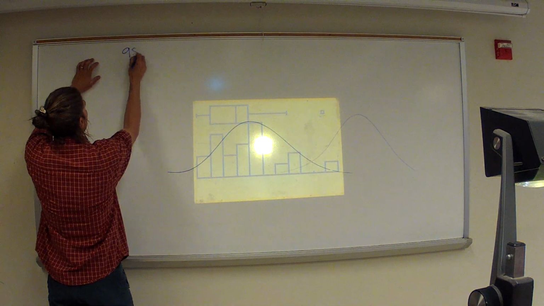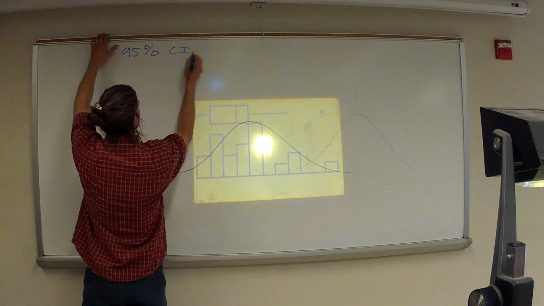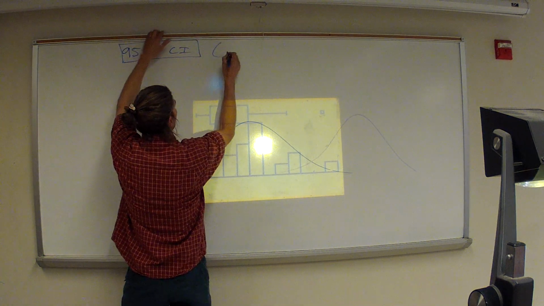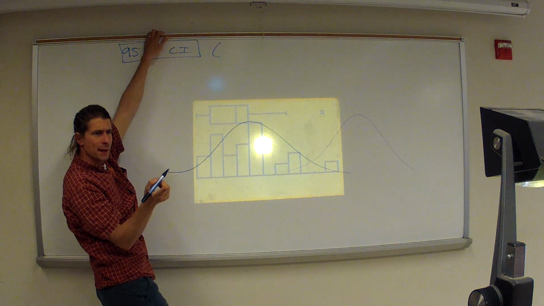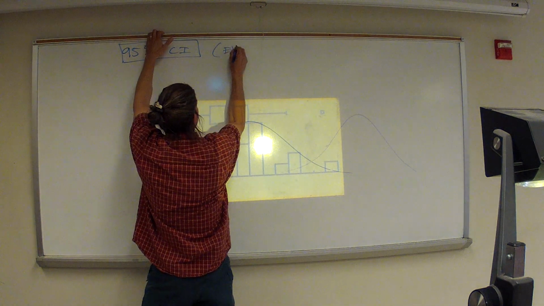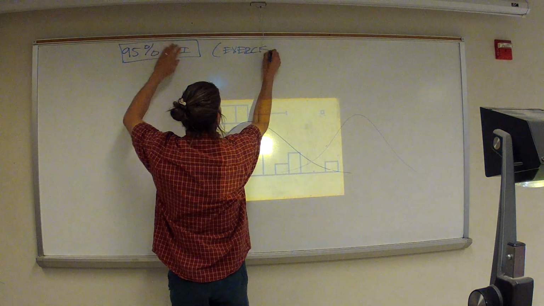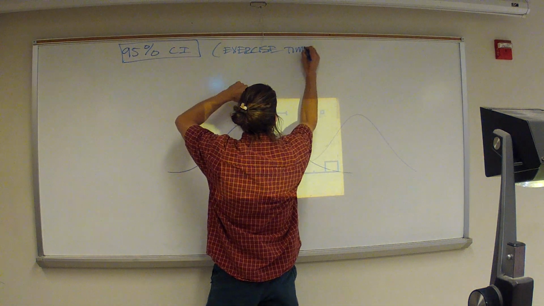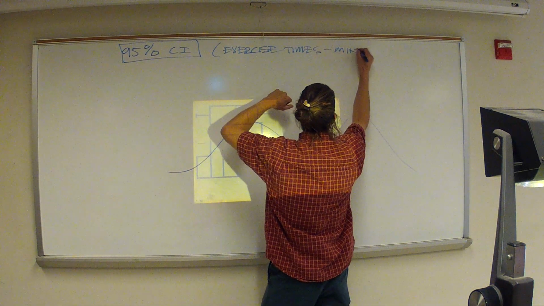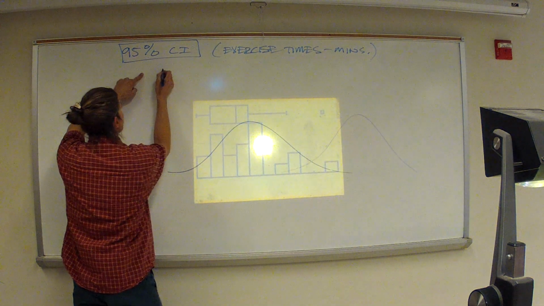So this is a 95% confidence interval for exercise times in minutes, right? I read that correctly? Good. So we're going to do it 2 ways.